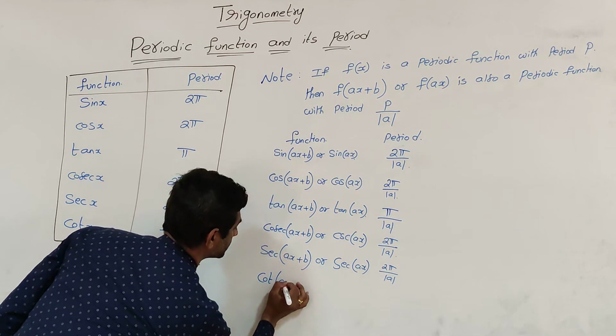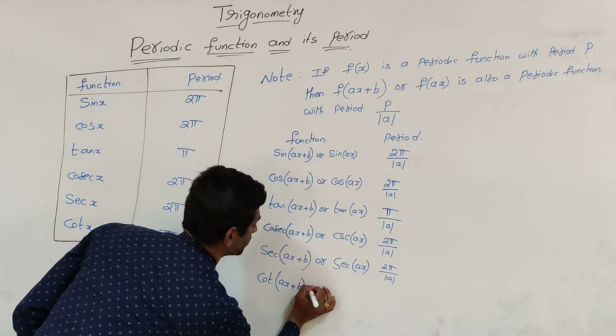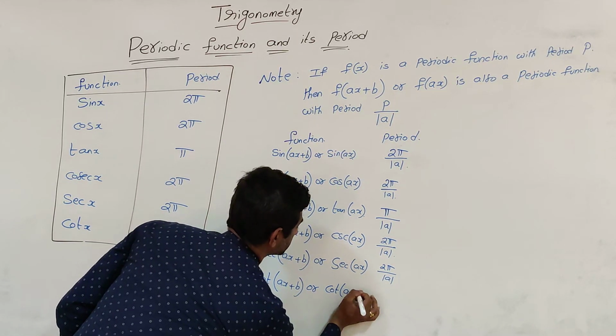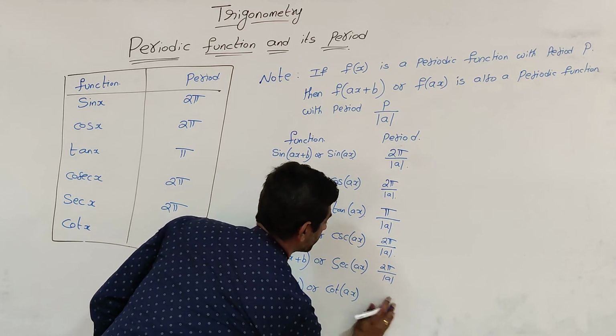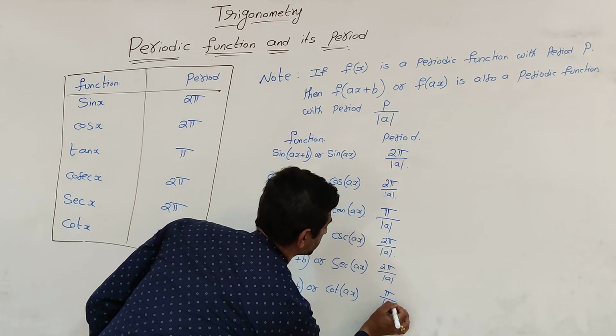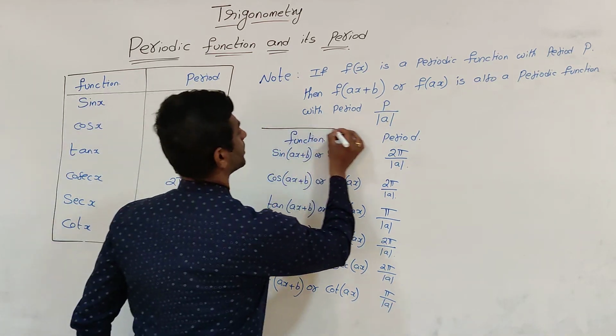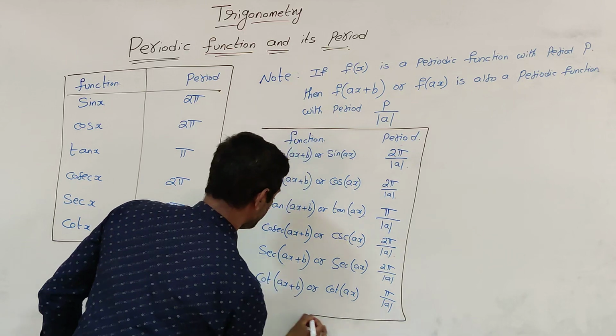Cot of ax plus b or cot of ax, the period is pi by mod a. So these are the general periodic functions and their periods.